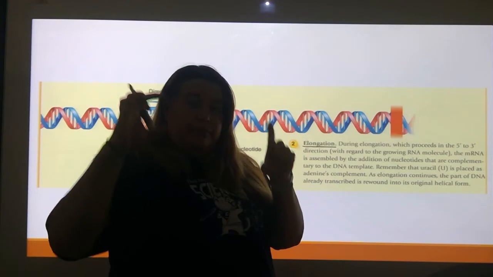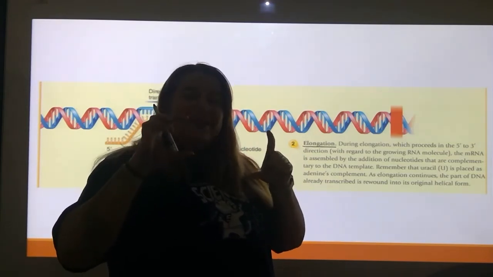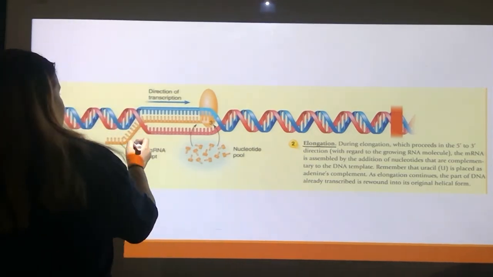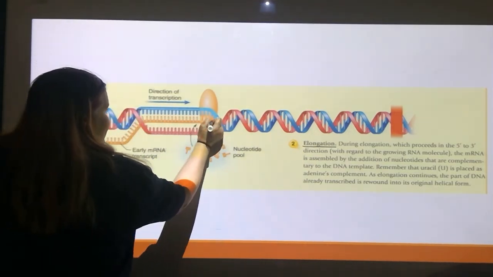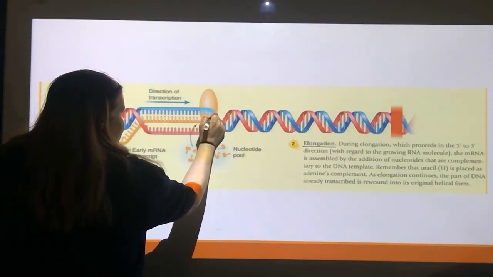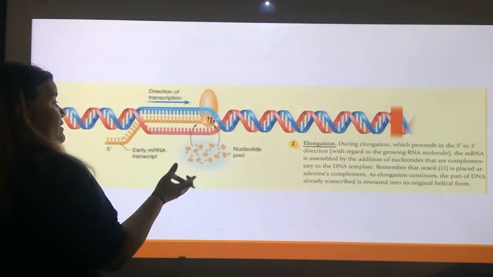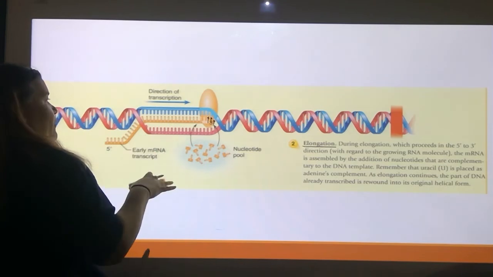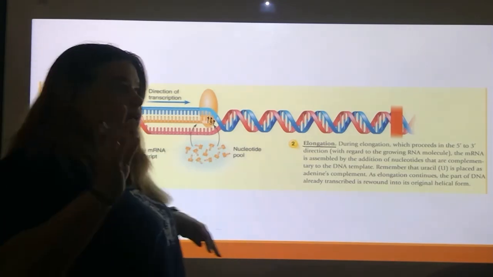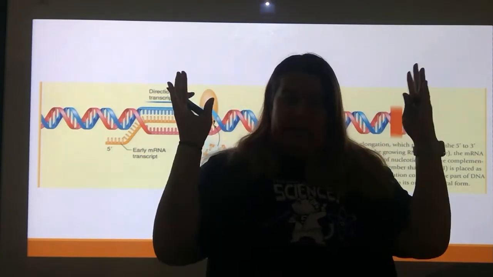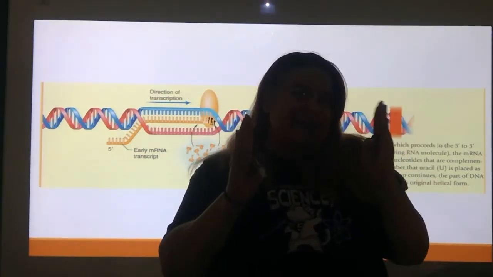As my RNA polymerase starts going forward, it starts adding RNA to the template that it's reading. Now, this is another cool thing about this. Unlike DNA replication, where I unzip the whole thing and make a copy of the whole thing, I'm only reading a section of it.